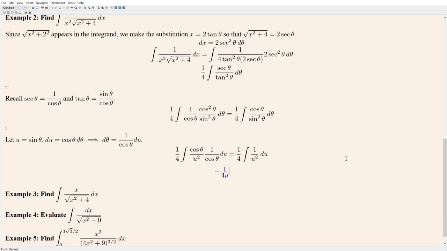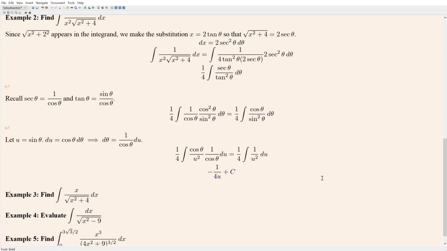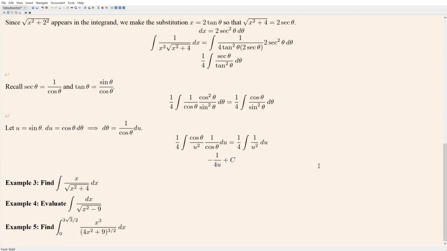Let me just write it like that. Well, that's it as far as the antiderivative goes. So now we need to start rewriting everything to be in terms of the original variables.